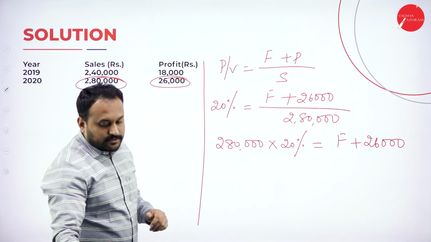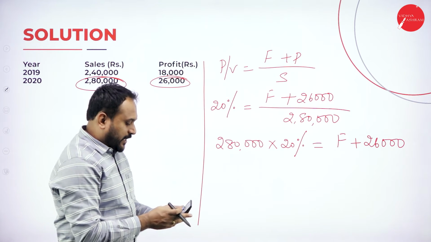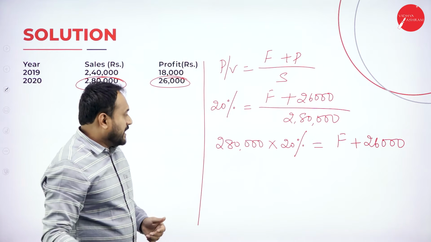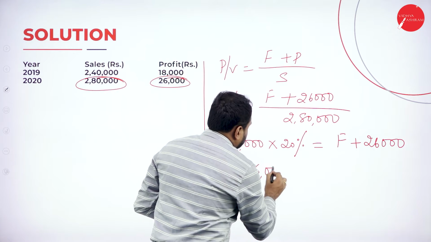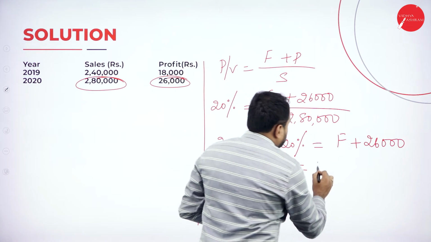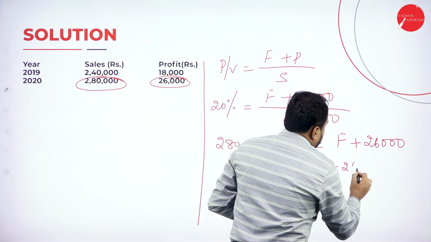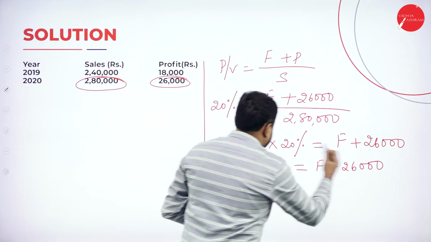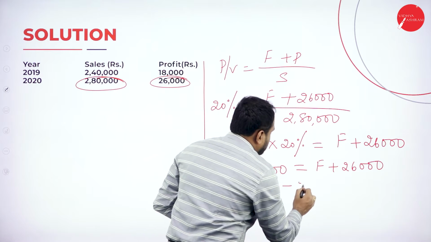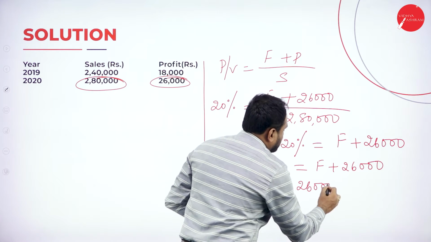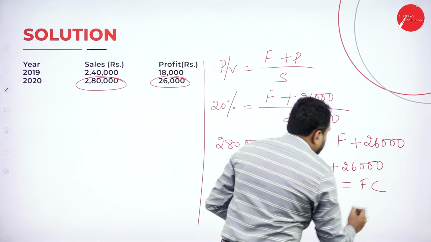Now what will I do? 28 twos are 56, so it is 28 into 2. I'll write here 56,000 is equal to F plus 26,000. Go with the steps, no issues. Now this 56,000 will be here minus 26,000 is equal to fixed cost.